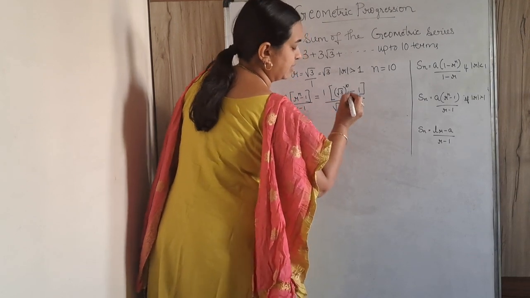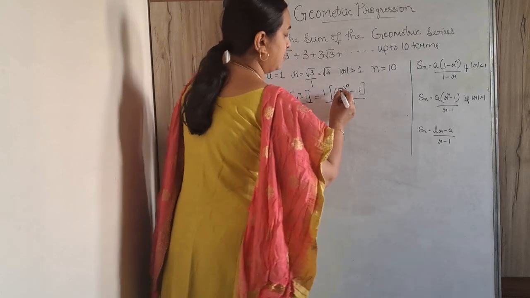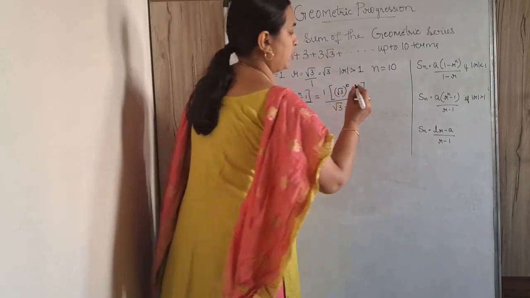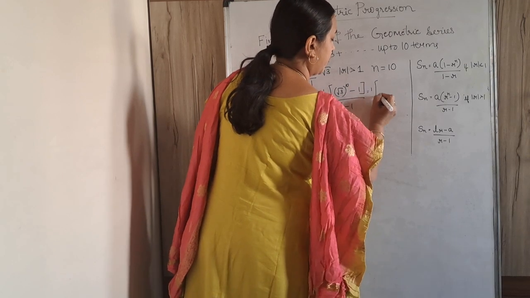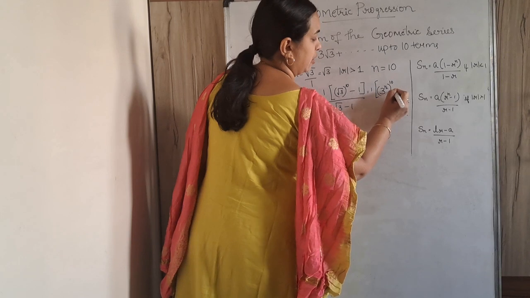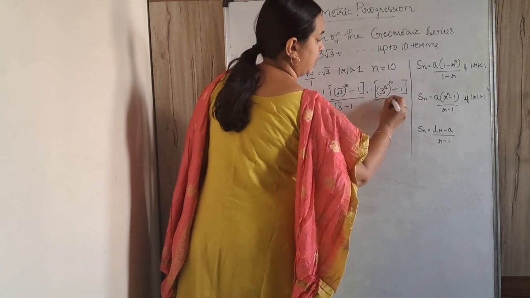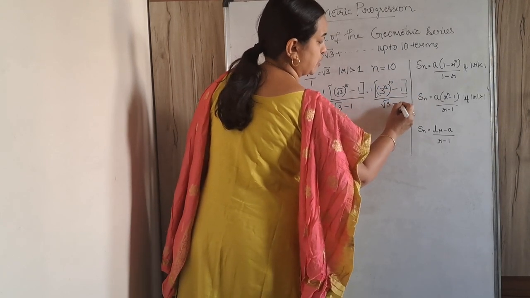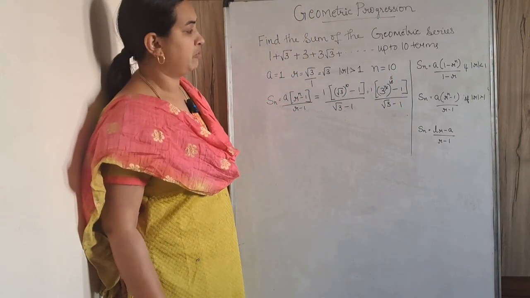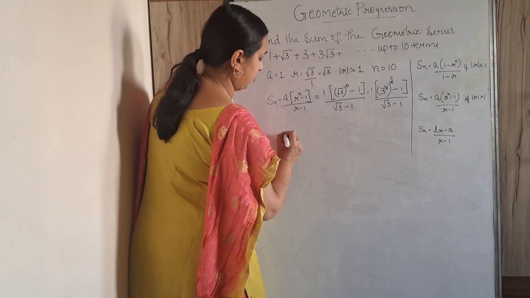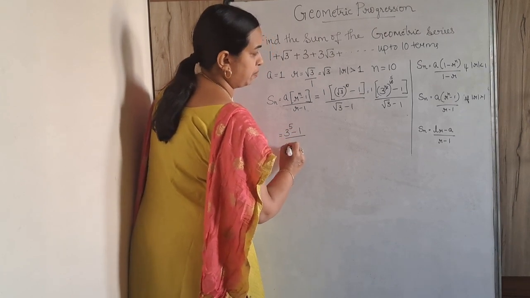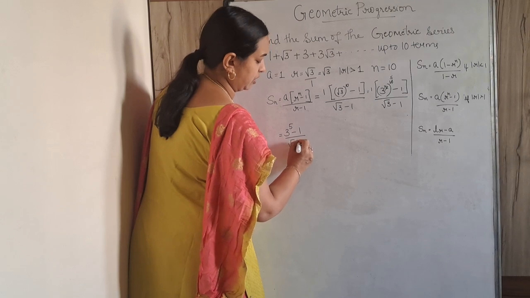root 3 minus 1. Okay, this root 3 can be written as 3 power half. Okay, so this will be whole power 10 minus 1 by root 3 minus 1. So this will become 3 power 5, which will be equal to 3 power 5 minus 1 by root 3 minus 1.